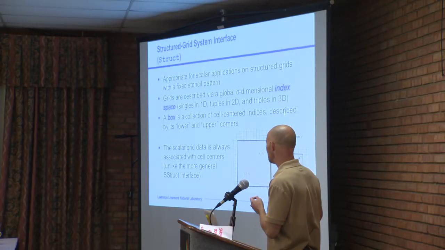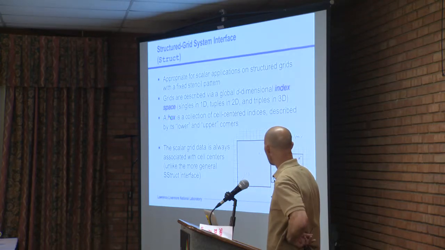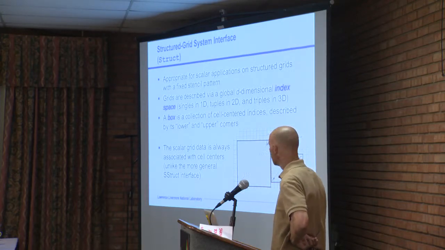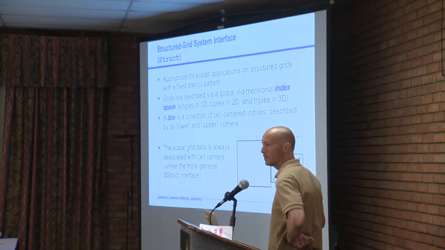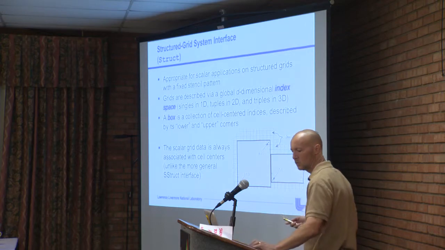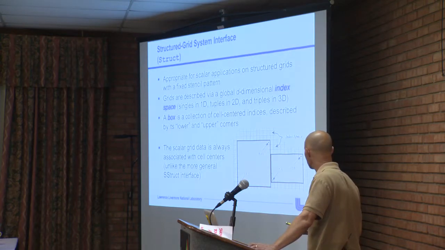So i is sort of the x dimension, j is the y dimension, but they're all integral. And you describe this grid in terms of boxes, so you give it a lower and an upper corner, and that gives you a box of grid points. And you can use arbitrary unions of these things to describe your overall grid, and that provides some structure to HYPRE. Okay?